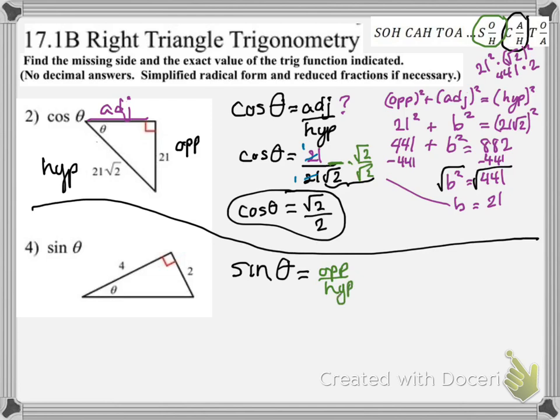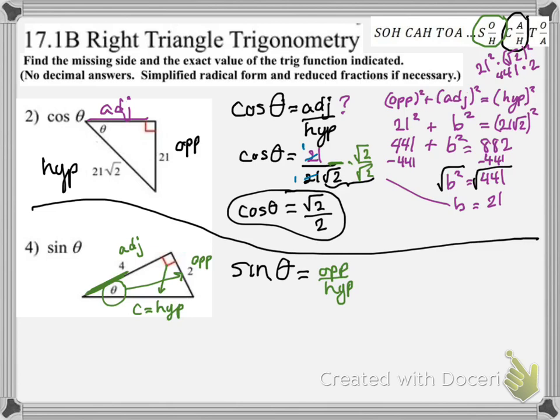Let's take a look at our triangle and say theta is here. That makes this side opposite to theta. Across my right angle is my C, my hypotenuse, and then the side that touches the theta angle but is not actually the hypotenuse, that is my adjacent side.